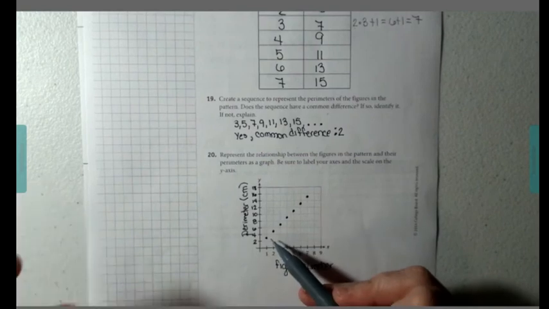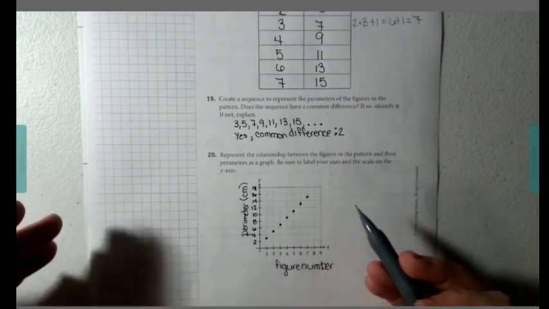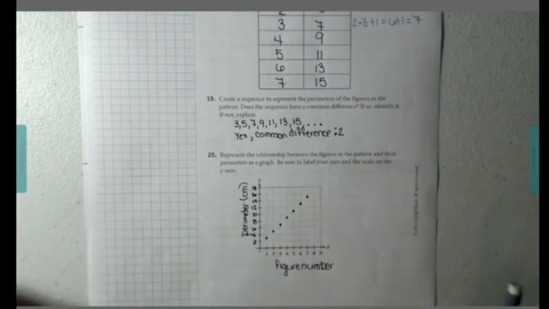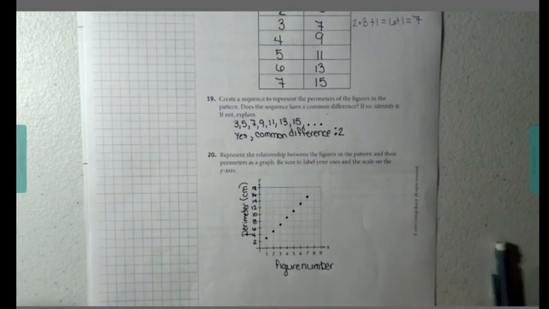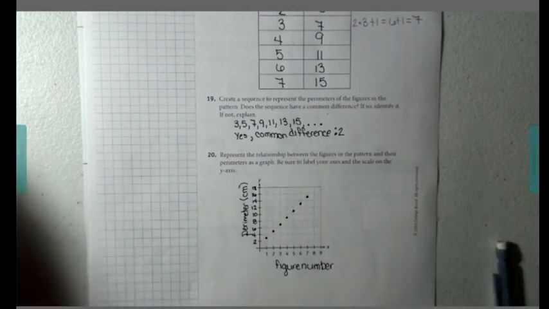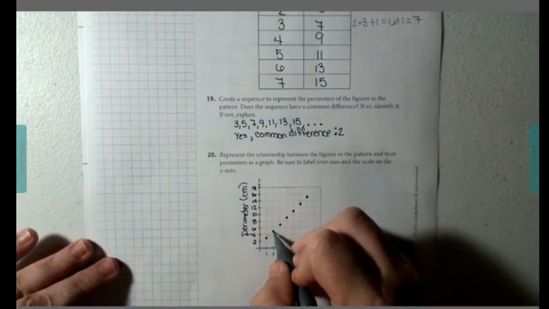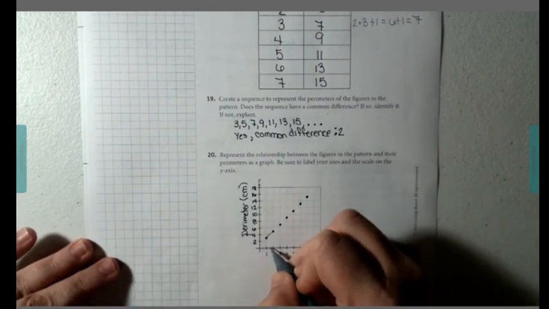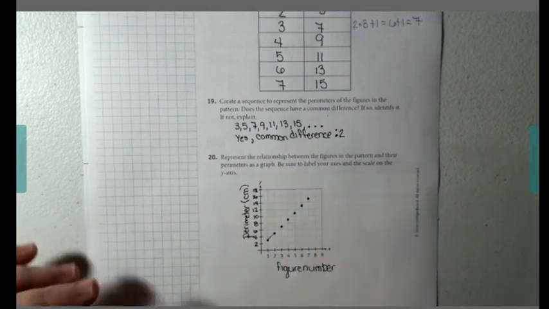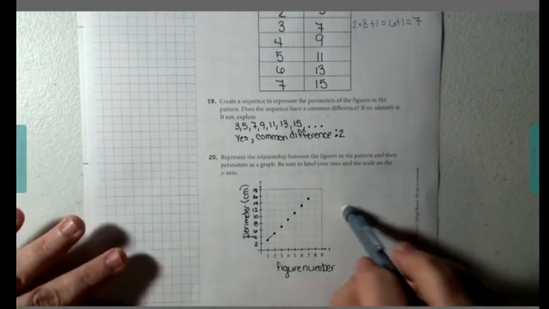So I want to make note that whenever I graph this, I did not graph the line. I just graphed the points because we can't have a figure 1.5. So it doesn't make sense to have this piece connected because there's not a possibility for a figure 1.5.